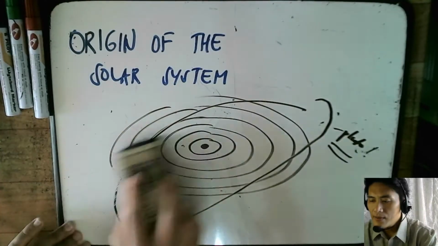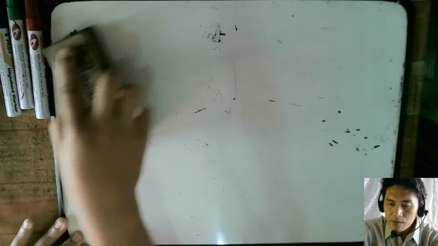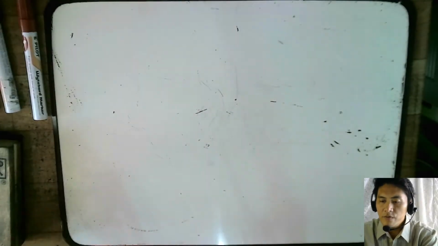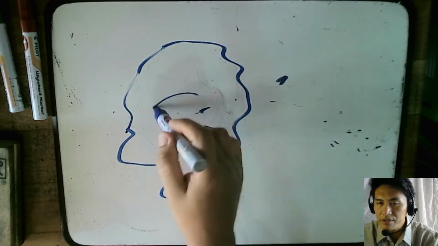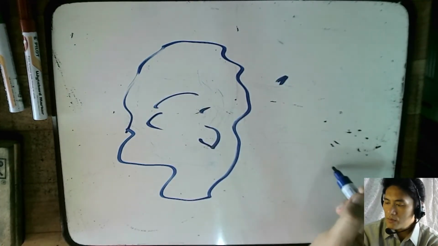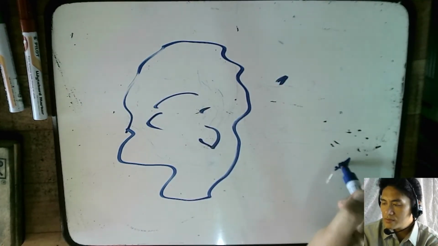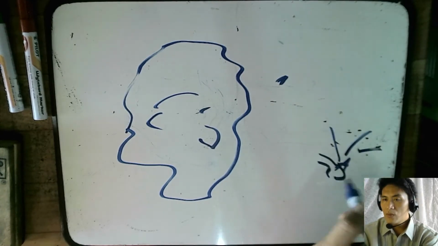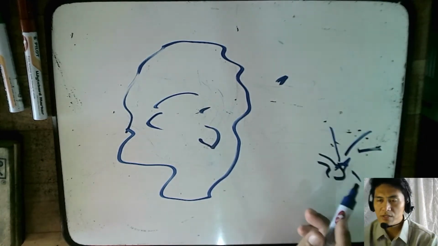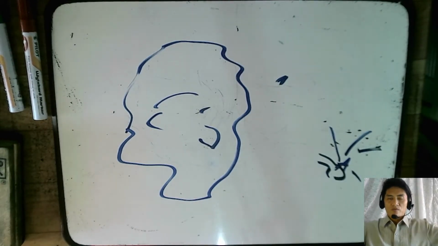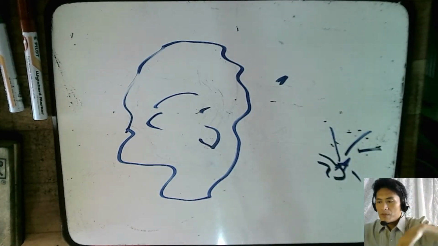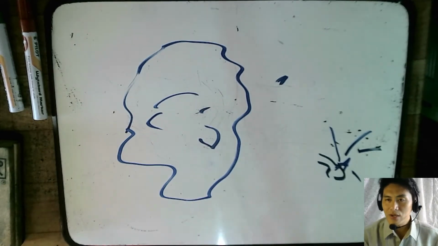It means that once upon a time, there was probably a floating nebula gas cloud of particles here. And then there was a supernova explosion here. And when a supernova explodes, obviously it creates a shock wave, a force that expands outwards.